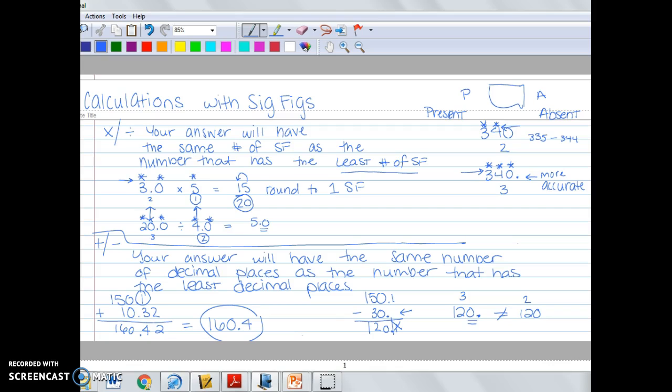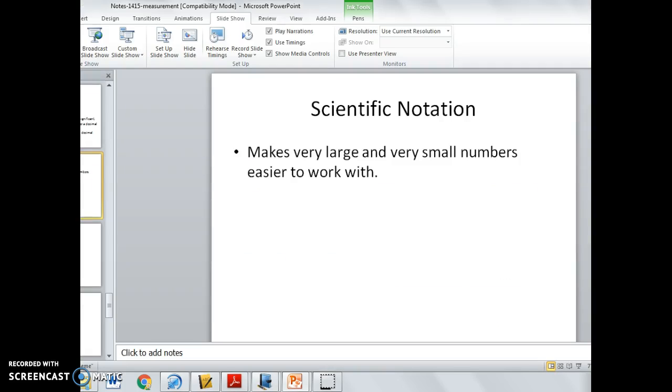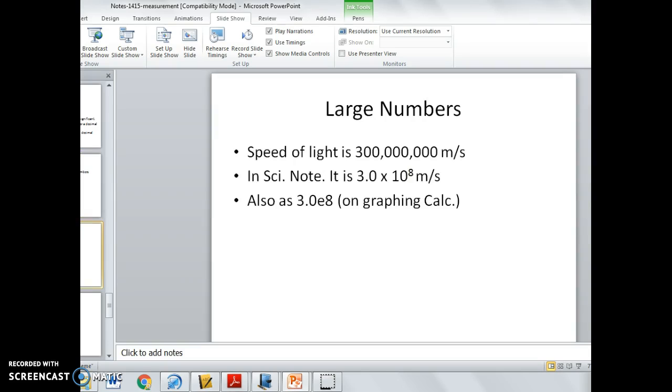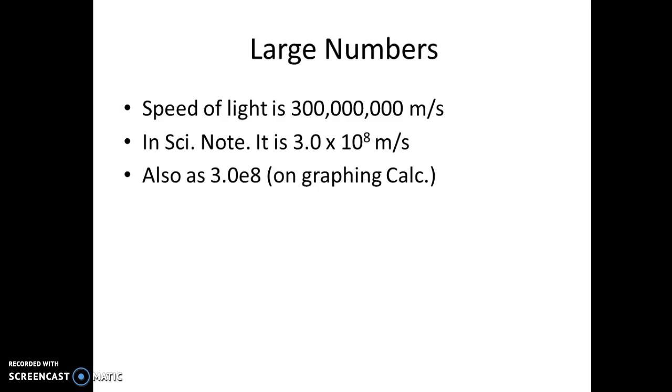So now we're going to talk a little bit about scientific notation, and we're going to do a little bit more of the math. But scientific notation helps us with really, really big and really, really small numbers. So large numbers, such as the speed of light, help us indicate the largeness of those numbers without having to write out all those zeros.